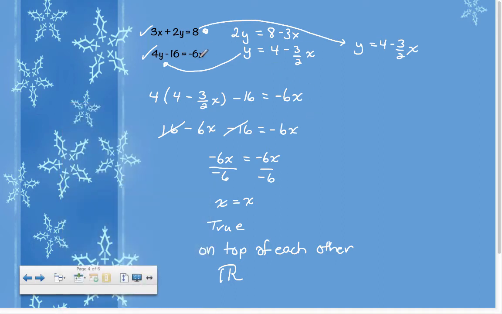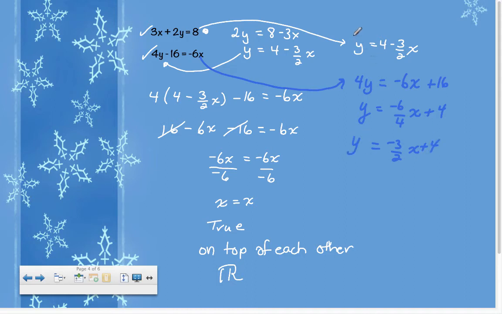I'm going to solve this one for y. 4y equals negative 6x. I'm going to bring that 16 over as positive 16. Divide by 4. y equals negative 6/4 x plus 4. And hey, negative 6/4 goes down into negative 3/2.